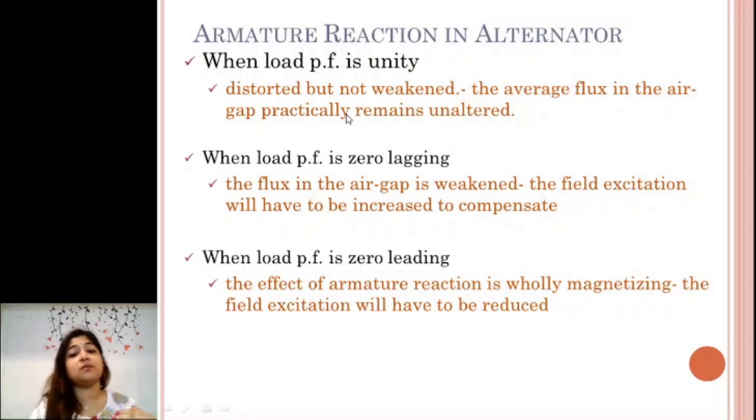Hence, to maintain the EMF constant, the field excitation needs to be increased. And when you have power factor 0 leading, that is capacitive load, the effect is that the main flux is strengthened. It magnetizes, so the overall EMF increases. To maintain the EMF constant, you need to reduce the field excitation, right?